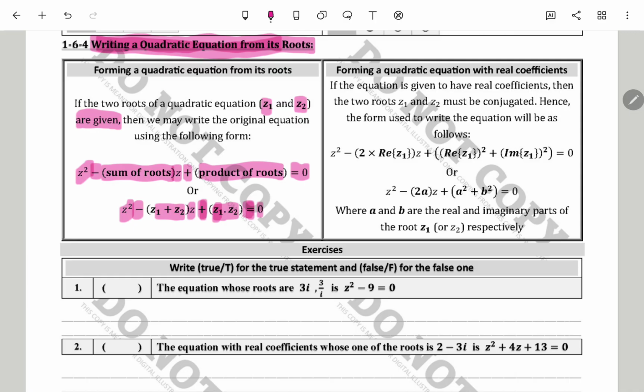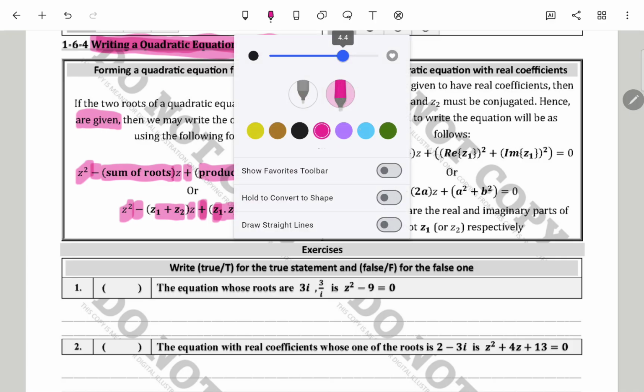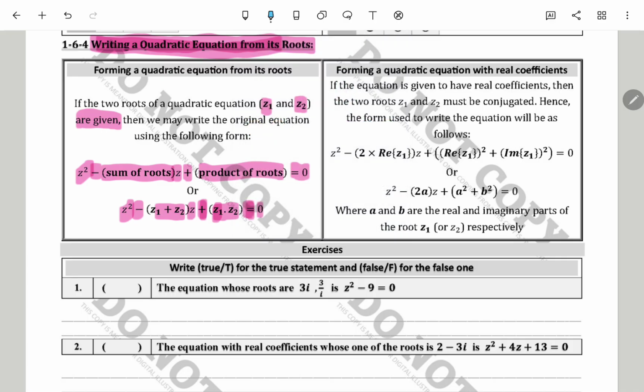We have some formulas that can be used to make your work easier if you want to form a quadratic equation with real coefficients. So this is a special case including real coefficients. That means z1 and z2 must be conjugates, and z1 and z2 are the two roots.